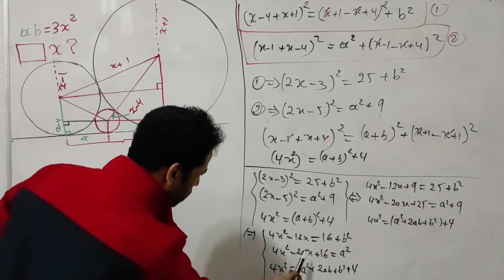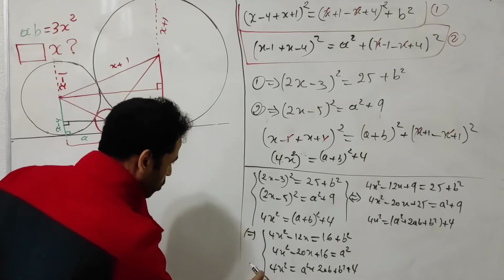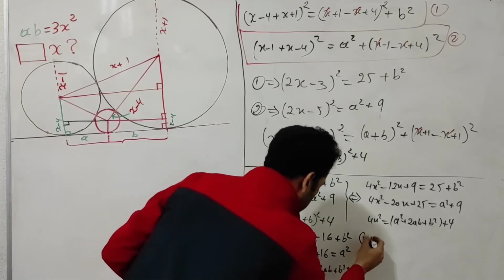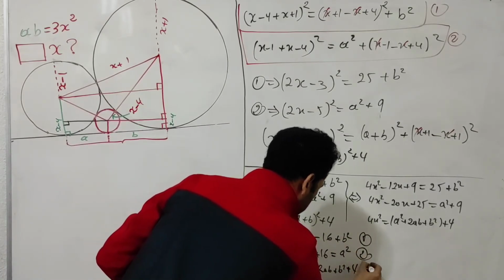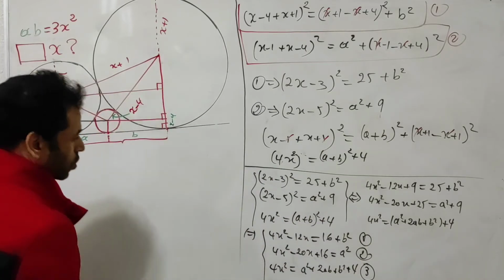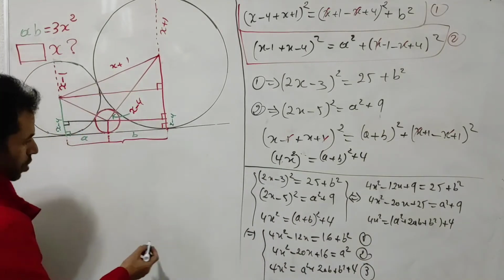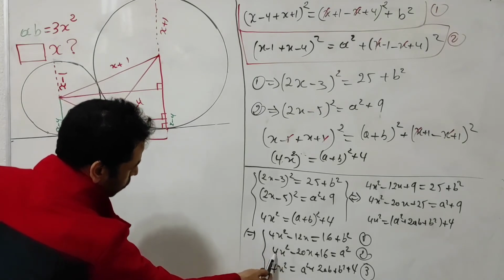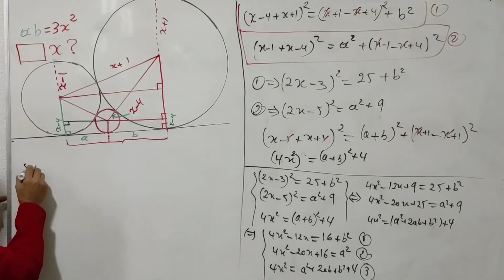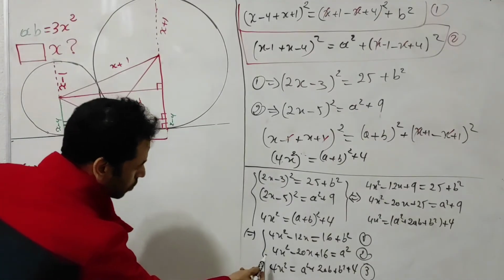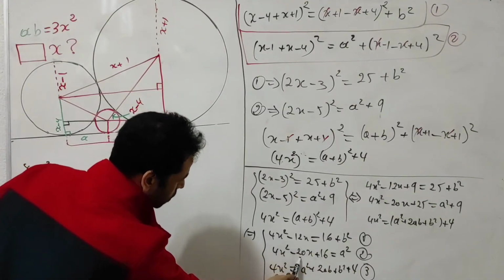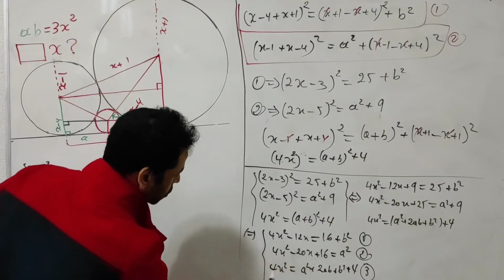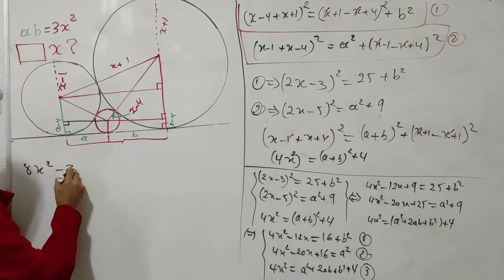I'm going to add the first equation to the second equation. This is the first equation, this is the second equation, this is the third equation. I'm going to add the first equation to the second equation to see what the expression is. If I do that, 4x squared plus 4x squared will get 8x squared, minus 12x minus 20x, which is minus 32x.